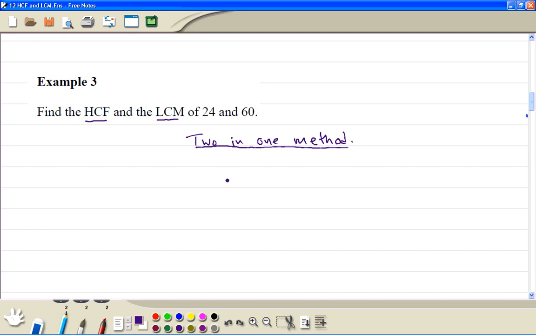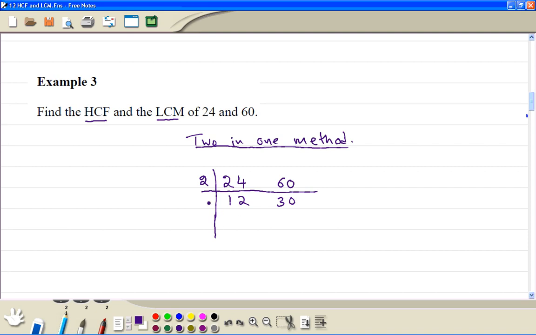So what we do, we write 24 here and we write 60. Now we're going to do division. Because both numbers are even, we know we can divide both of them by 2. So half of 24 is 12, half of 60 is 30.